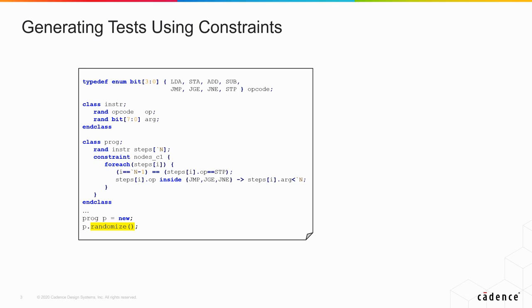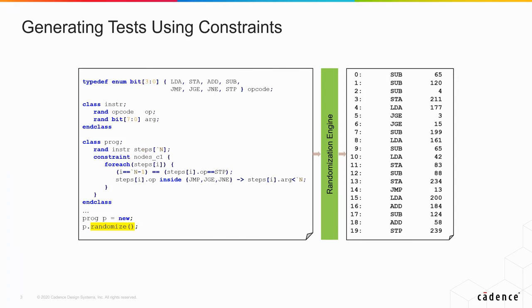We call randomize, which has the effect of handing our model to the randomization engine, and the randomization engine may produce a program that looks like that. And as you can see, the last instruction in this program is a stop instruction, and the arguments of all the jumps in the program point to valid locations in this program.